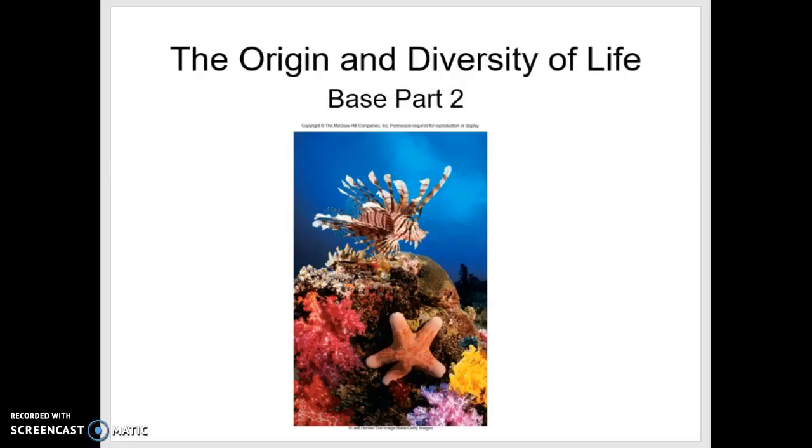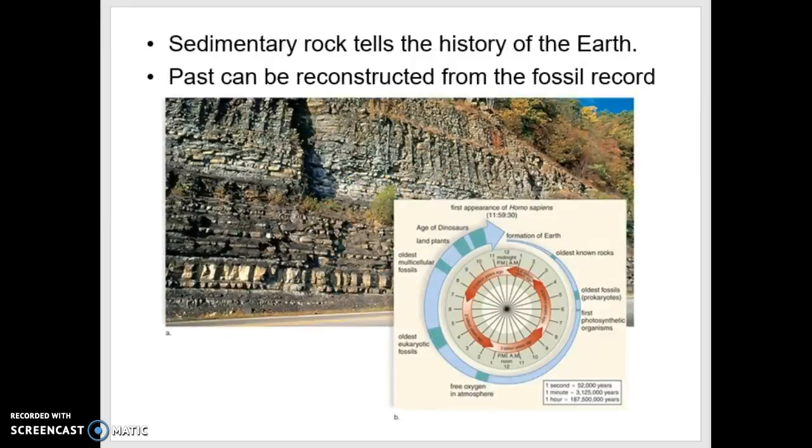How it got here, though, is being tested. There's several hypotheses that are currently being tested, and our goal is to figure out what is the best scientific explanation. But once life got here, it started to change. It adapted, it evolved, and it evolved into the diversity of life we see on Earth today.